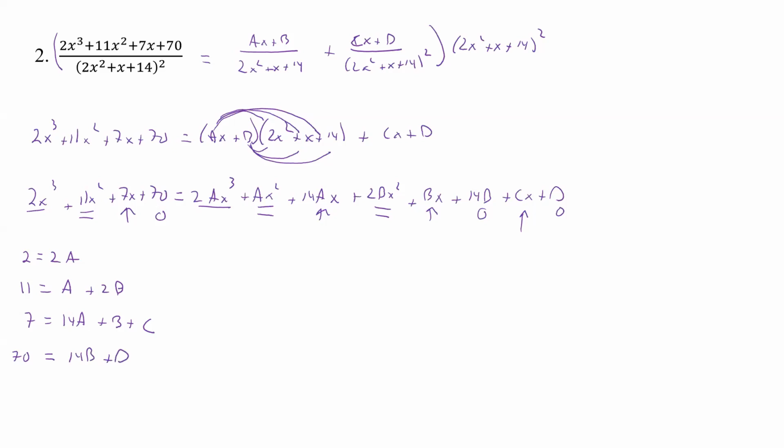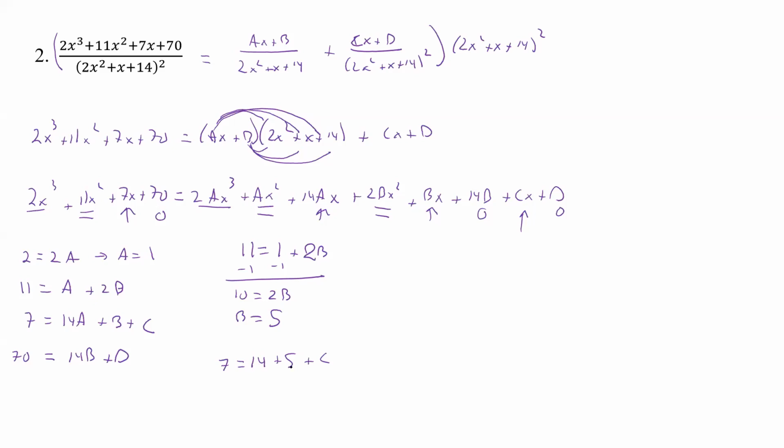All right. Well, this says then that a = 1. And so then if we plug that into our second one, 11 = 1 + 2b, subtract 1, 10 = 2b, so b = 5. Okay. Now we've got a, we've got b, so we can solve this one for c. So 7 = 14 times 1, which is 14, plus b, which was 5, plus c.